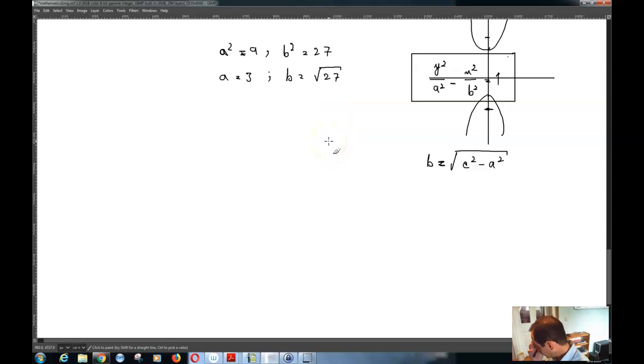Let me give you an example so you can understand how you can effectively learn. Suppose that there is a concept called the hyperbola.